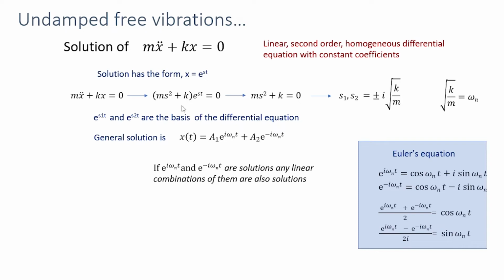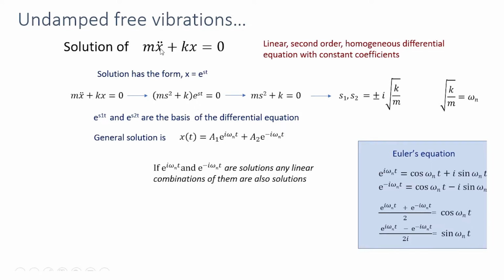If e to the power i omega nt and e to the power minus i omega nt are solutions of our differential equation, any linear combination of these solutions should also be a solution.